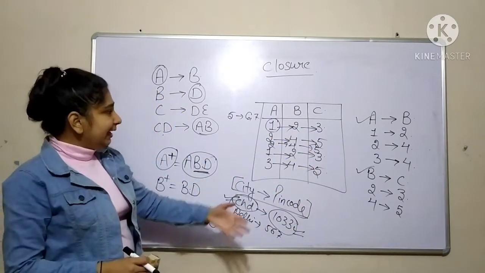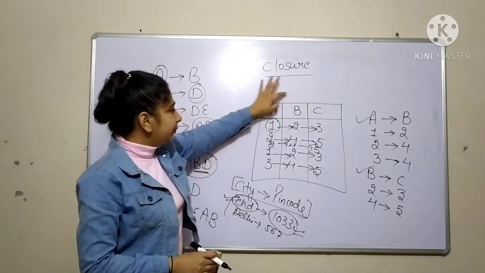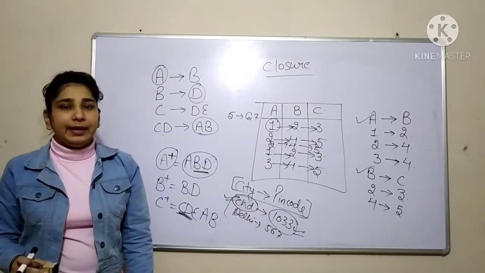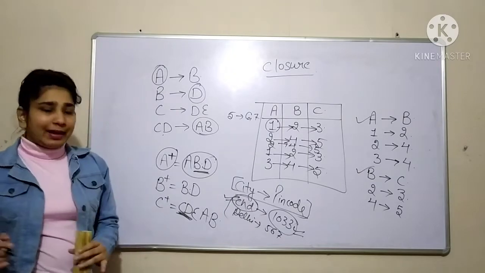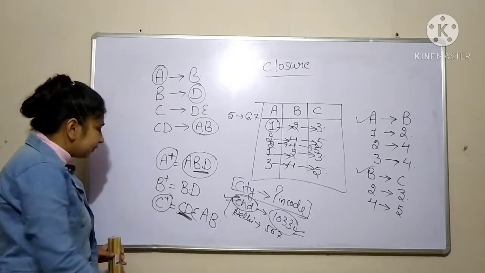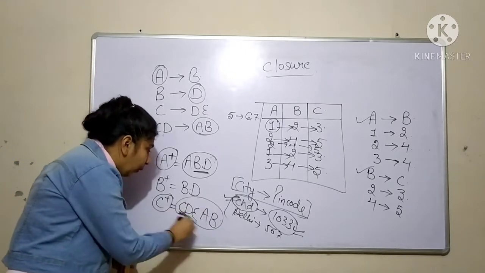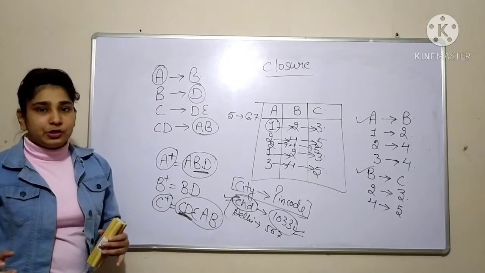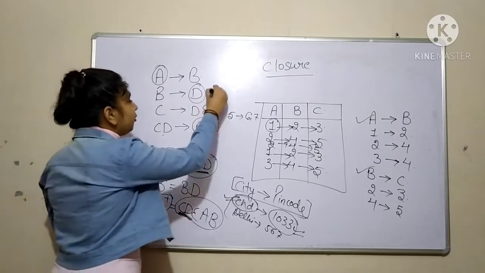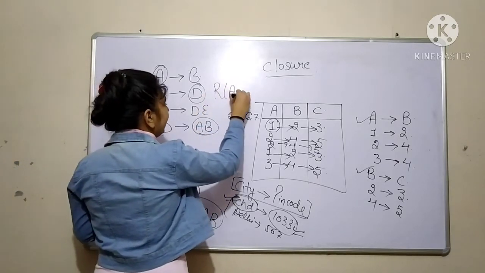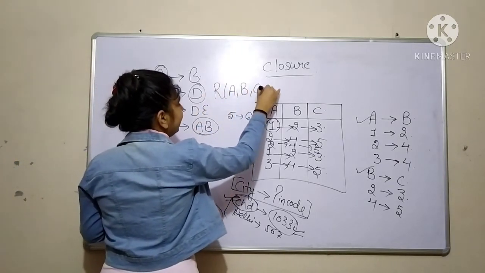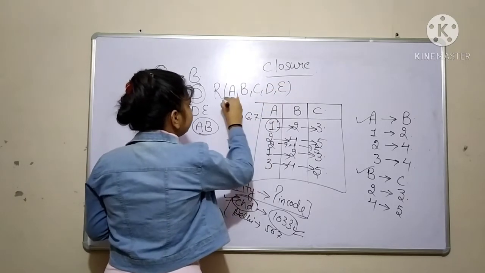So definitely you can determine the attribute C from the attribute A. Now if you look at it, with the help of attribute C you are able to determine all the attributes of the relation. We have a relation of actually 5 attributes: A, B, C, D and E.